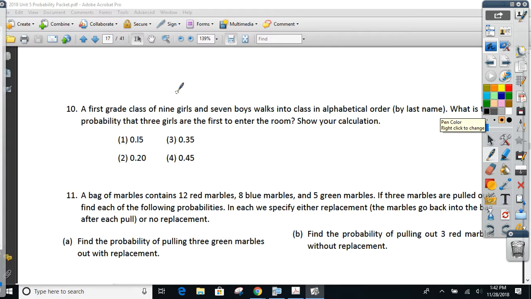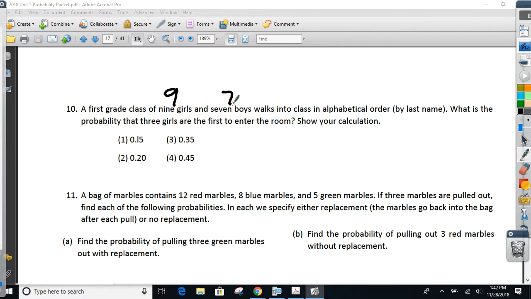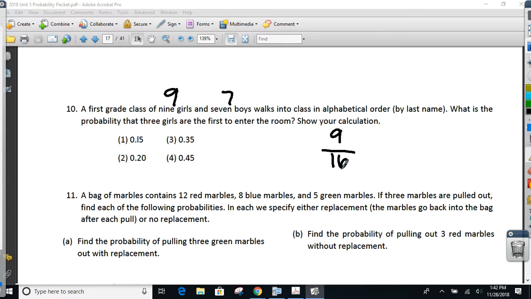9 girls. 7 boys. What's the probability 3 girls first enter the room? Ready? How many girls are there? 9 out of 16. Whoever goes first can't go second and third, right? So how many girls are there now? 8.